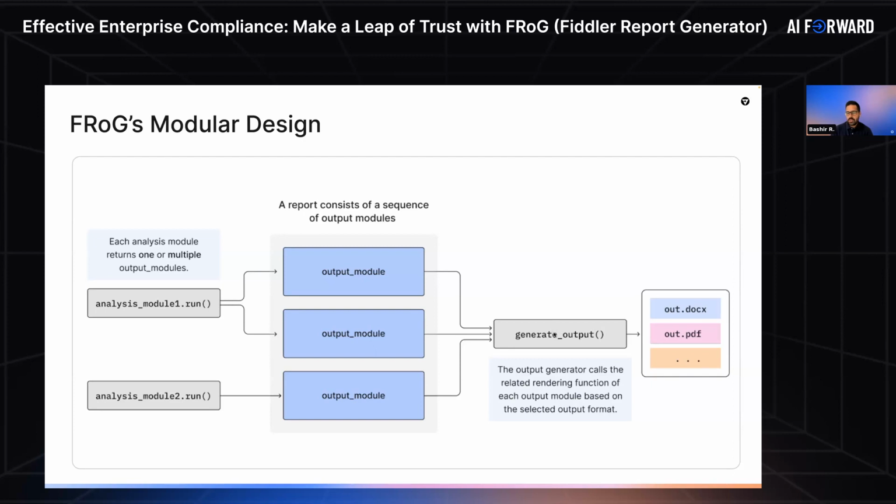What it does is transform these abstract output modules to actual output files. So we have implemented different rendering functions based on each output format, so we can generate the actual output from the abstraction of the report that you have in the output modules.